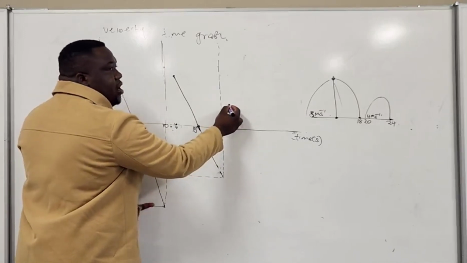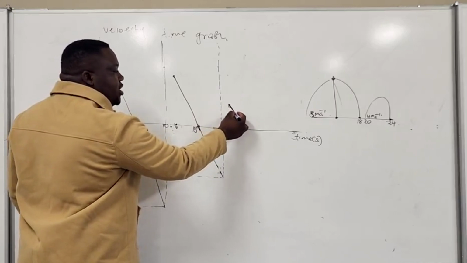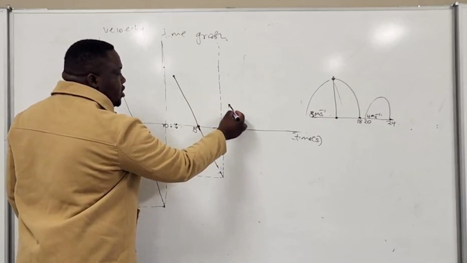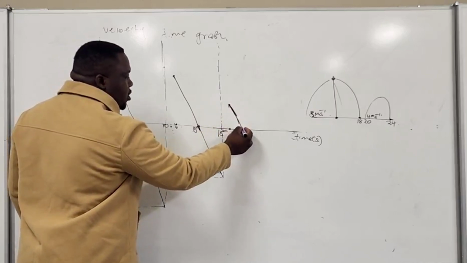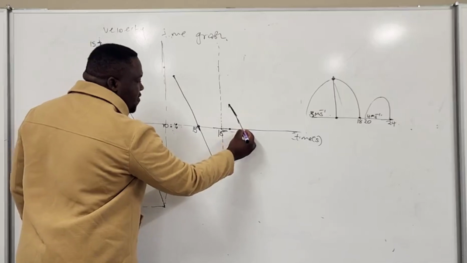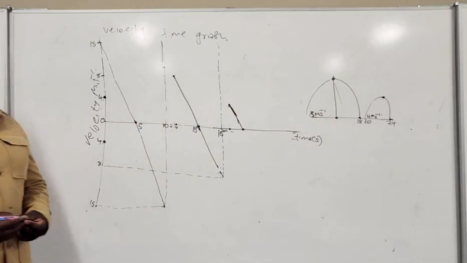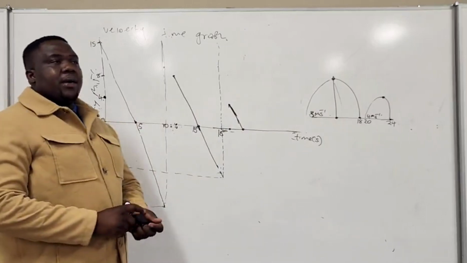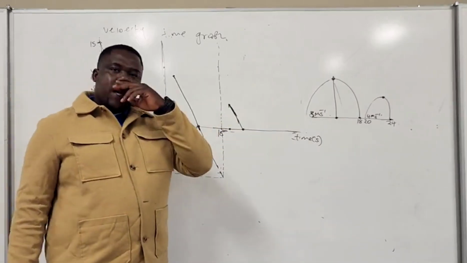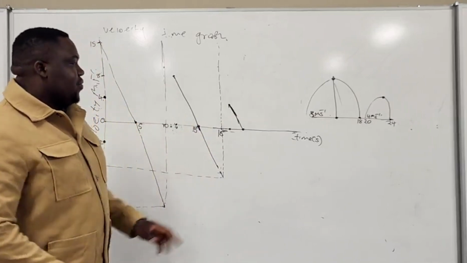So as the ball is moving up, the velocity is approaching what? Velocity is approaching 0. The velocity is becoming 0, and finally it becomes 0 at the maximum height. You understand? So at the maximum height, the velocity becomes 0.